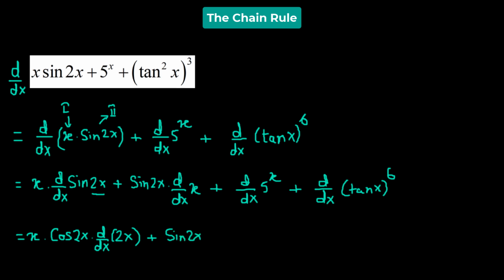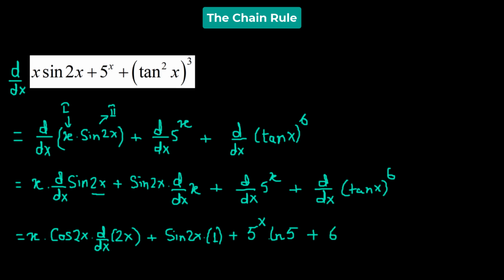plus sine 2x multiplied by the derivative of x, which is simply 1, plus the derivative of 5 raised to the power of x, which is 5 raised to the power of x times natural log of 5, plus, now here we're going to apply the power rule by assuming that tangent of x is equal to x. So we have the derivative of x raised to the power of 6.